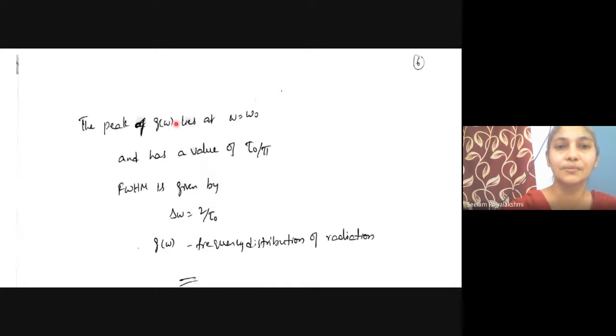The peak of g(ω) lies at ω = ω₀ and has a value of τ₀/π.